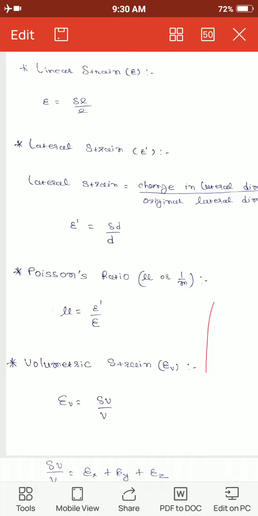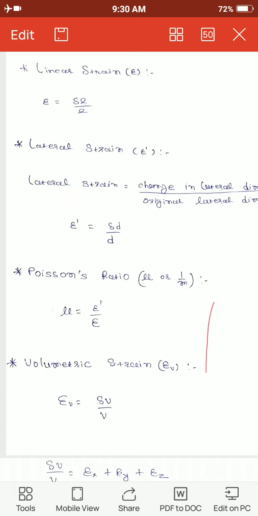Good morning, friends. Today we will discuss a few elastic constants. We already know the linear strain. We know that the linear strain epsilon is equal to delta L upon L. Delta L is the change in dimension, or change in length, in the direction of force.